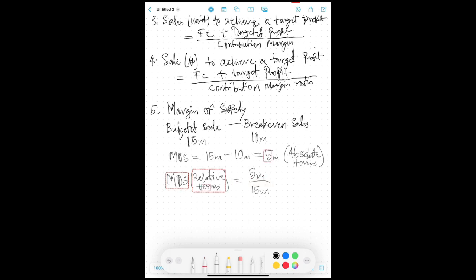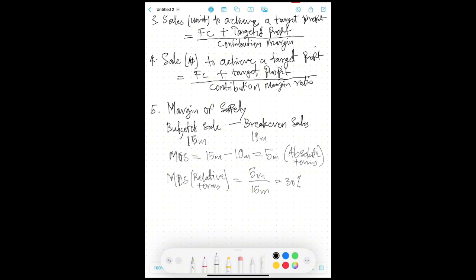That will give us approximately 30%. So that's your margin of safety in relative terms.